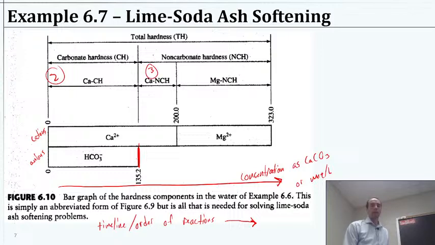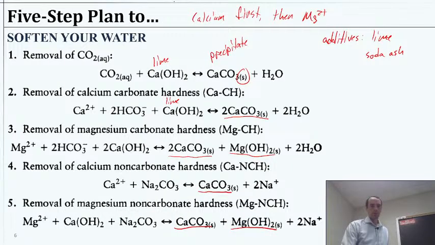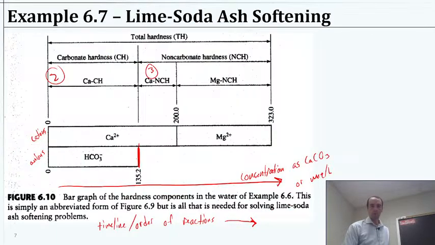This is going to be our reaction number 3, I think. No, I'm sorry, that's number 4. And it turns out we don't have any. So we don't have anything in that reaction. And then, okay, what about if bicarbonate went to here, then this stuff would be our number 3 as magnesium carbonate related hardness.